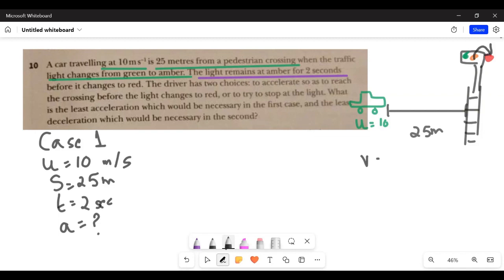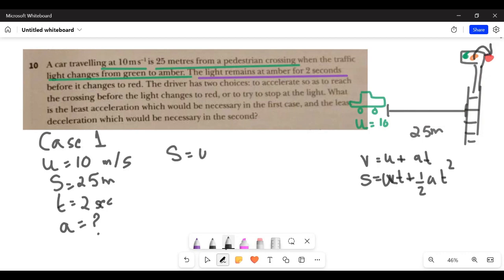There was V equals U plus AT, but not this one, because we don't have V. The other is S equals UT plus half AT squared. In this question, we have U, not V, so we have to use the one with U in it. Let's go ahead and use that.